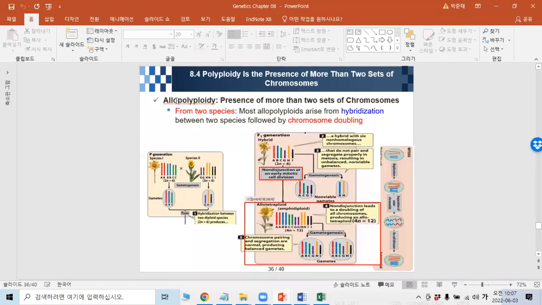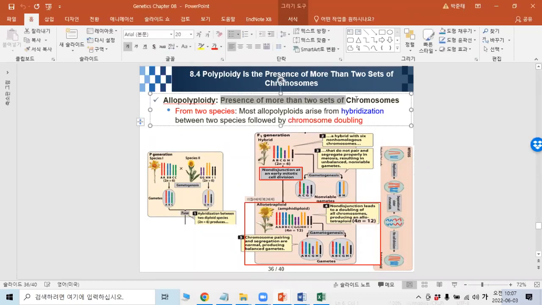Another thing is allopolyploidy. Allopolyploidy is the presence of more than 2 sets of chromosomes, but from 2 species. An allopolyploid arises from hybridization between 2 species, followed by chromosome doubling.